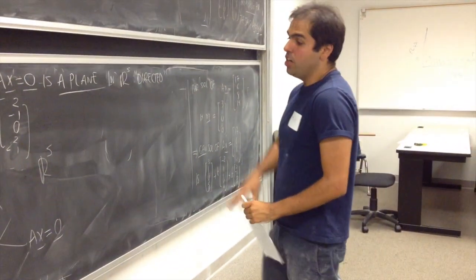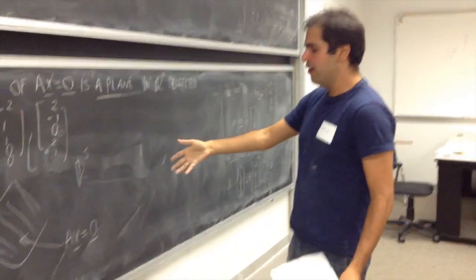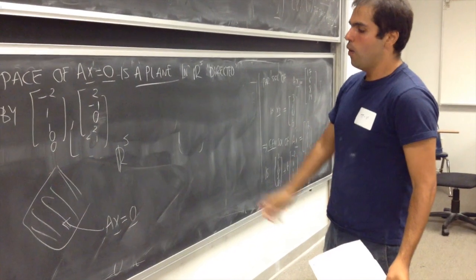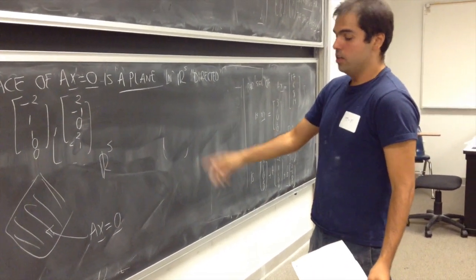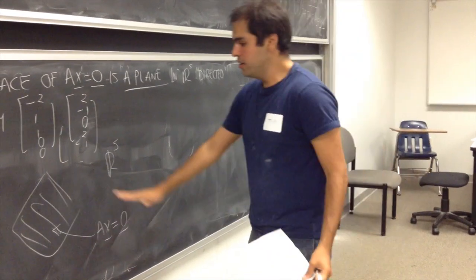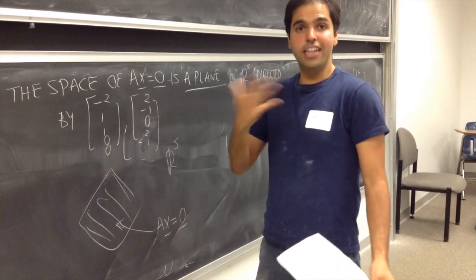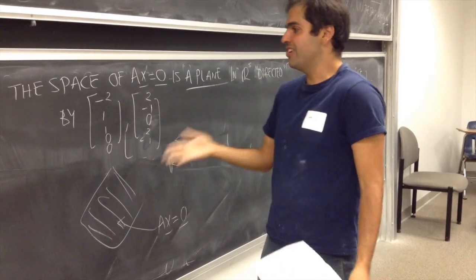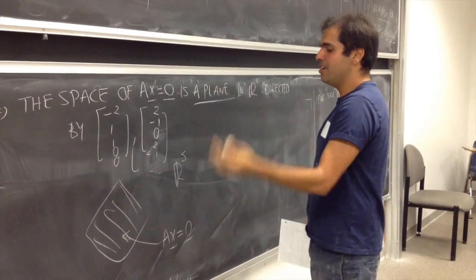And not only that, from the previous theorem, we can also figure out Ax equals b. Well, it's either no point, it's one point, or literally a translation of this plane. In other words, we kind of answered our question, what do the solutions of Ax equals b look like?